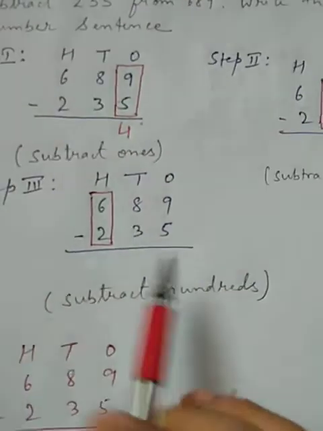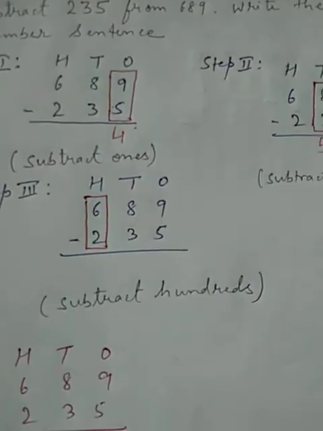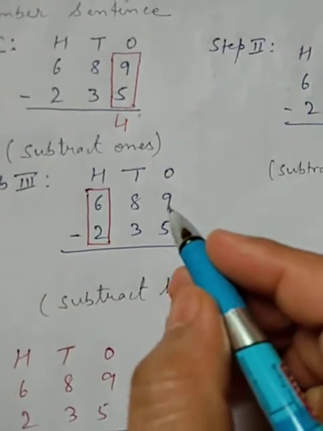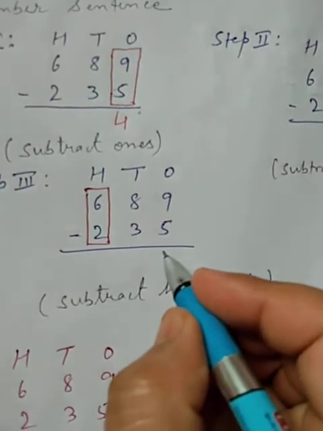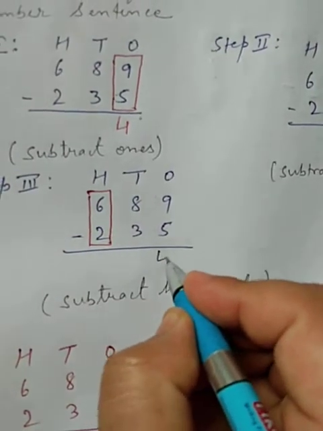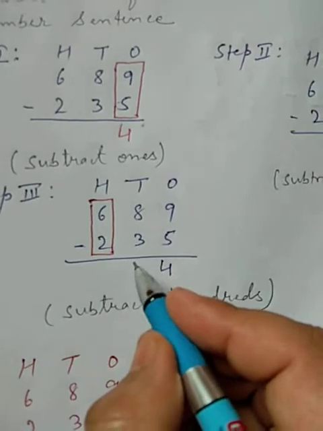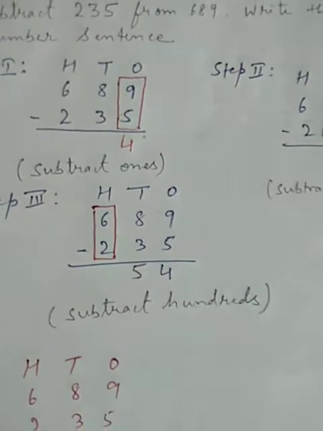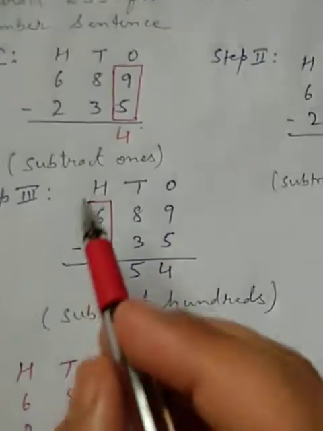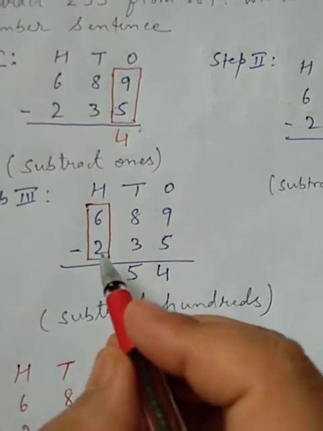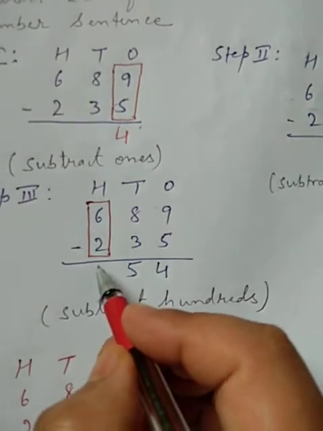Now we will move towards the third step, that is we are going to subtract the hundreds place. Already we have got two results, 9 minus 5 is 4 and 8 minus 3 is 5. But in this step we are going to subtract 6 minus 2, that is 4.